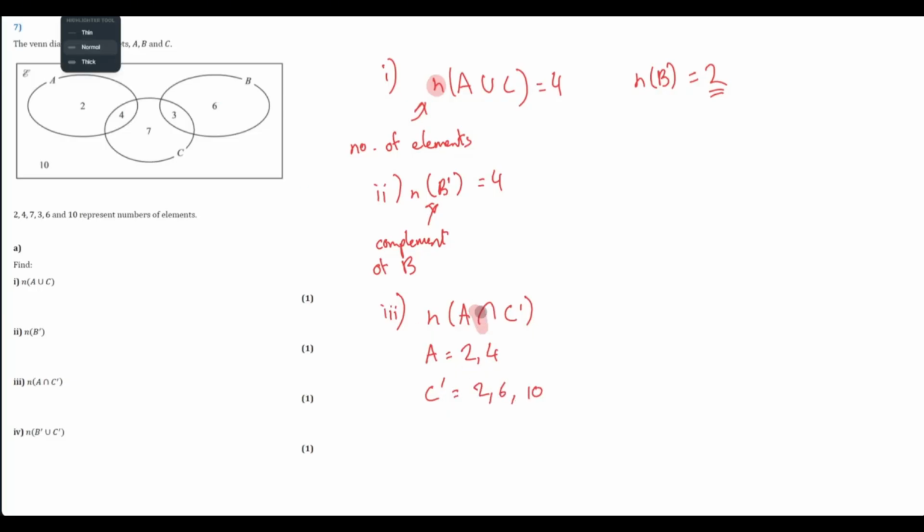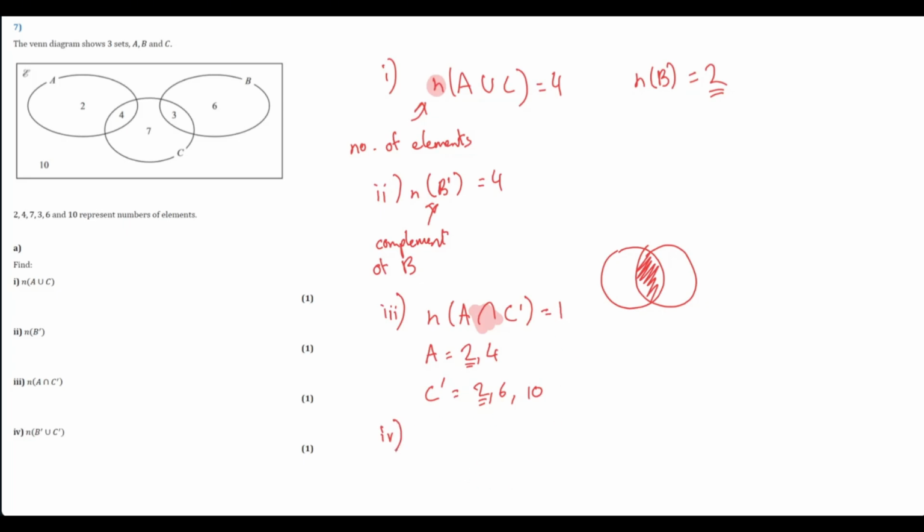Now this sign here means intersection. Now intersection is what they have in common. So if we have 2 Venn diagrams here, this will be the intersection point, what they have in common. Now what they have in common is they both have a 2. And then as we're looking for the number of elements, this would mean it will be equal to 1.